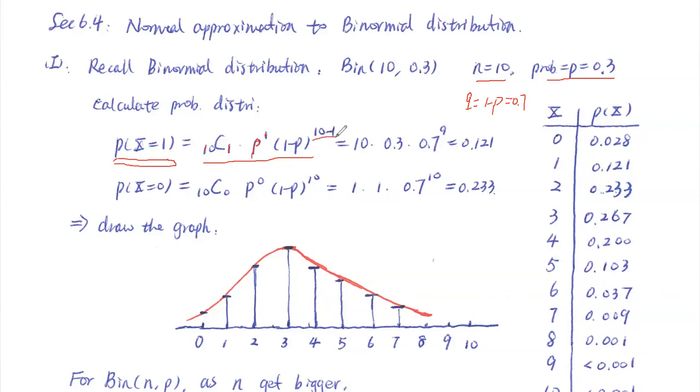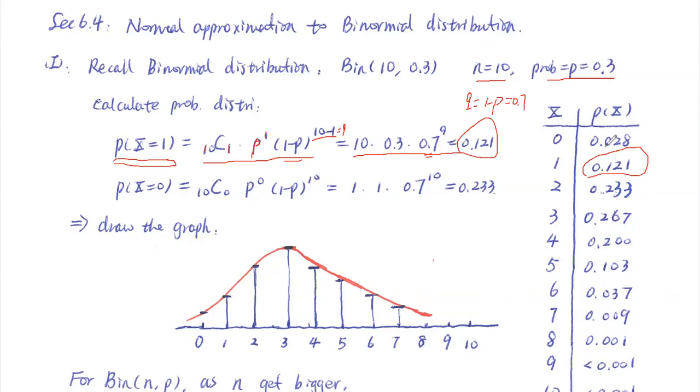So 10 minus 1 is equal to 9, right? So the probability of head is 30%, which means the probability of tail is 70%. You see that here, right? So 0.7 to the 9th power. Now you multiply them together, and you get this probability here, 0.121. Follow me, everybody? 0.121, right? That's x equal to 1.